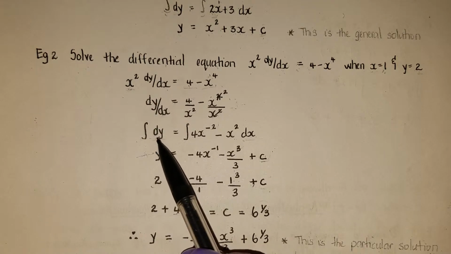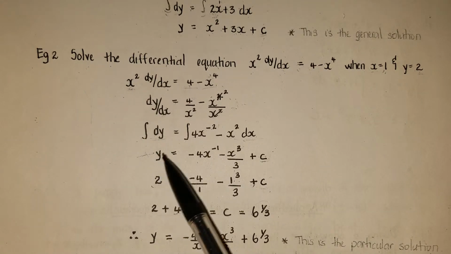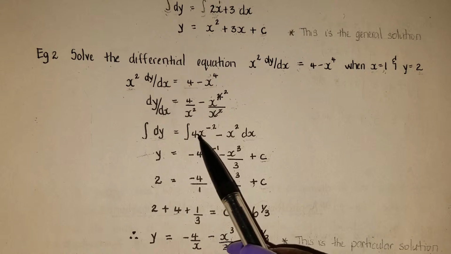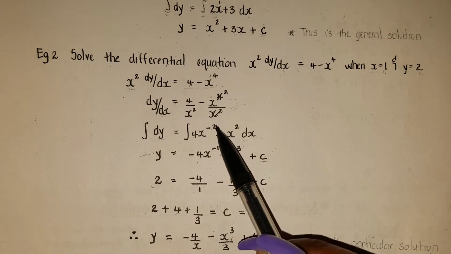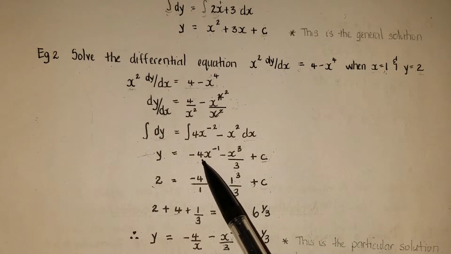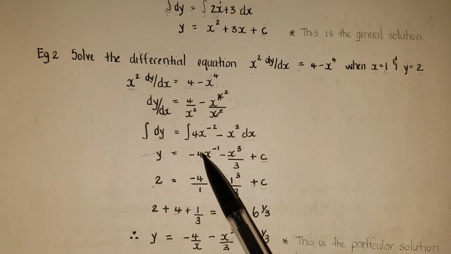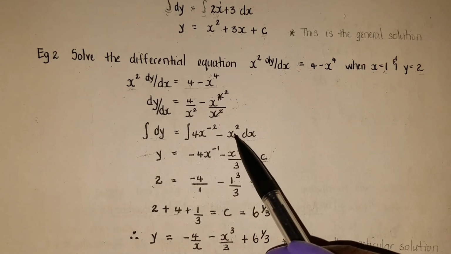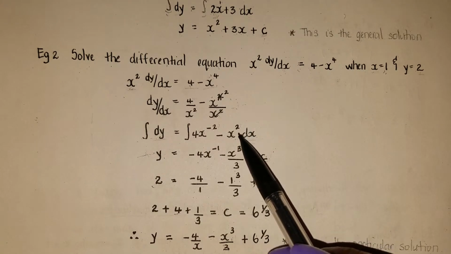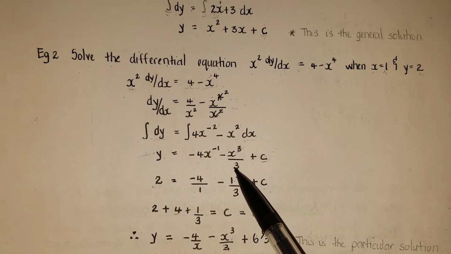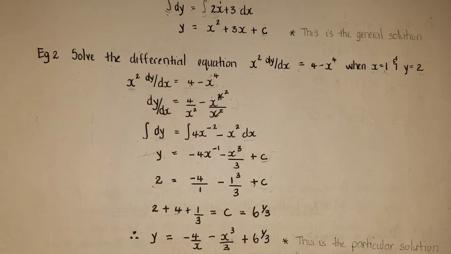If we integrate dy, we get y. If we integrate 4x raised to negative 2, we add 1 to the negative 2 to get negative 1, and divide by negative 1, making this now a negative 4. If we add 1 to 2, we get 3, and we divide by 3, plus c at the end.